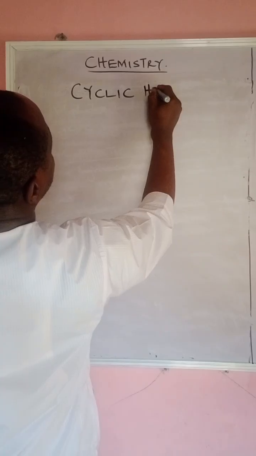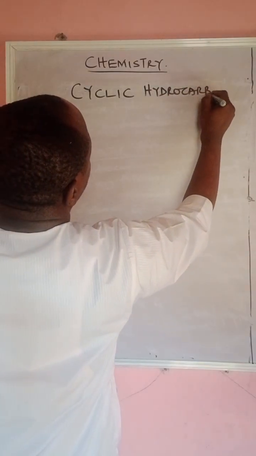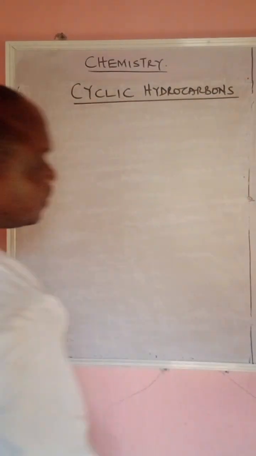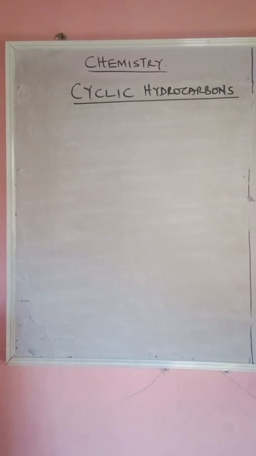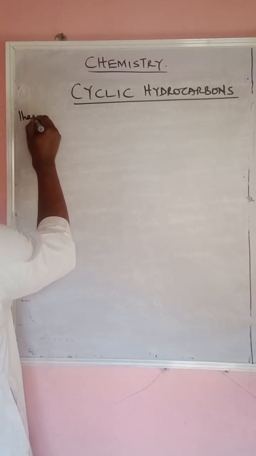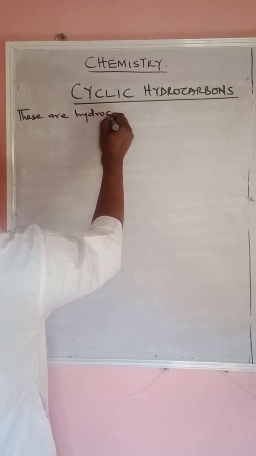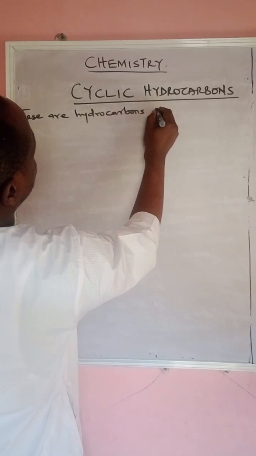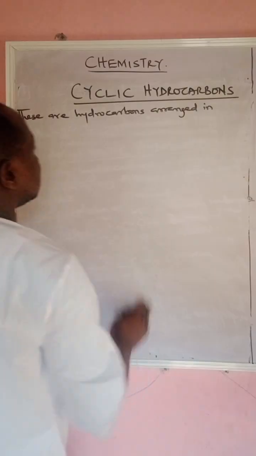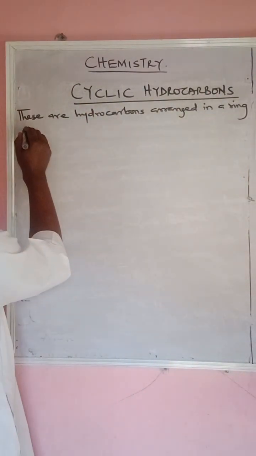Cyclic hydrocarbons. These are hydrocarbons arranged in a ring form.